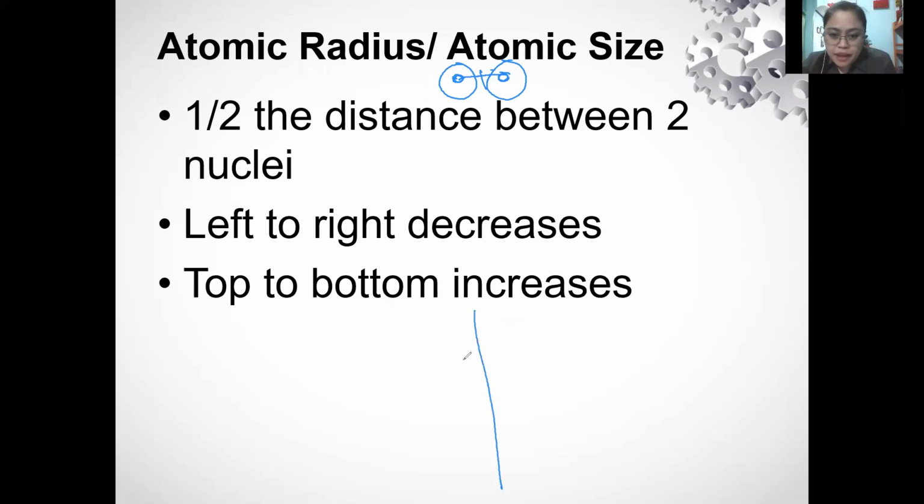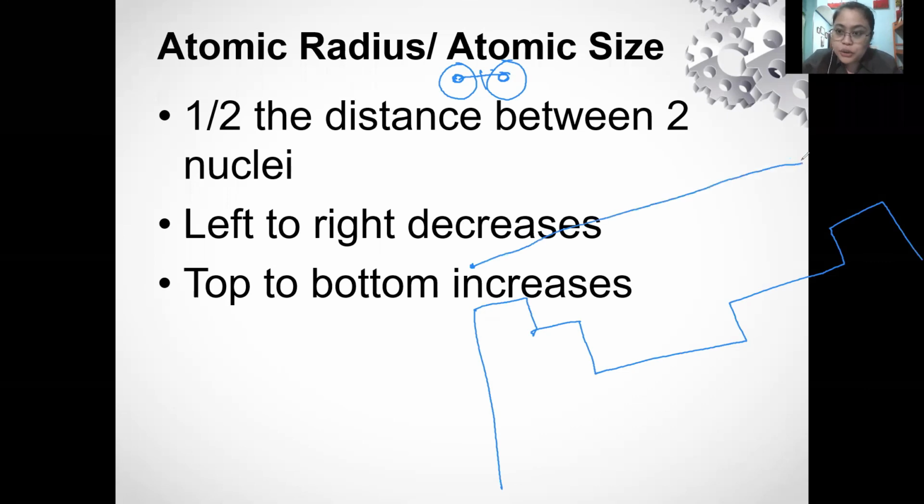So, para mas maintindihan, ganito siya, class. Kanina pa ako nag-draw ng periodic table. Okay, nahiwi na yung periodic table. But anyway, from left to right, this is the left side of the periodic table, and this is the right. You have hydrogen here, and then helium. Yung atomic size daw, gaano ba kalaki ang atom, nag-decrease.